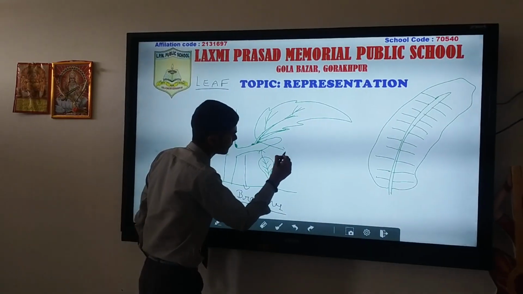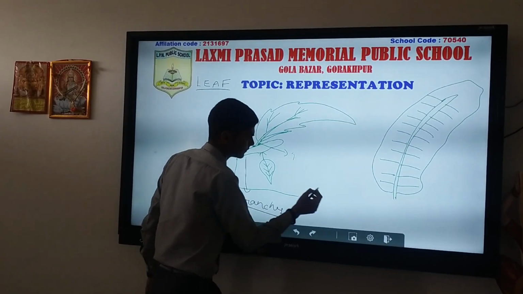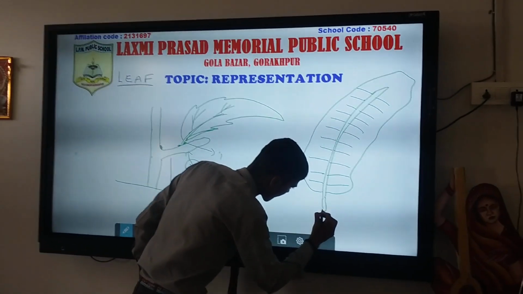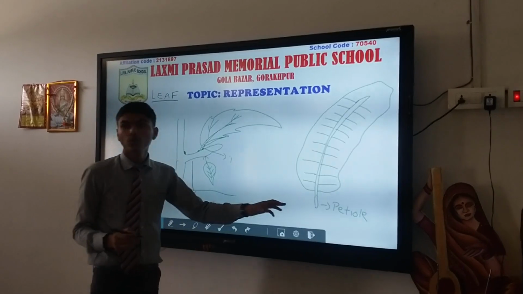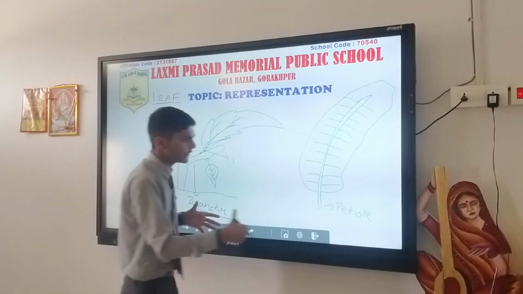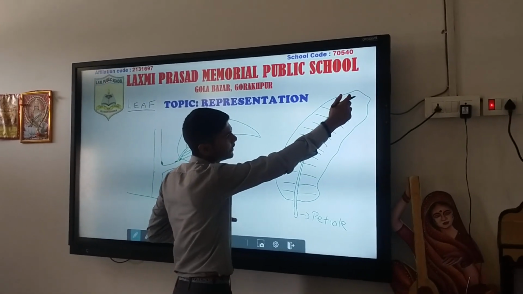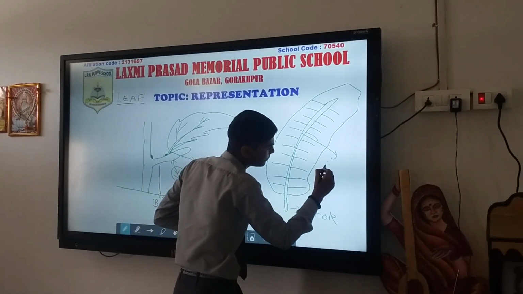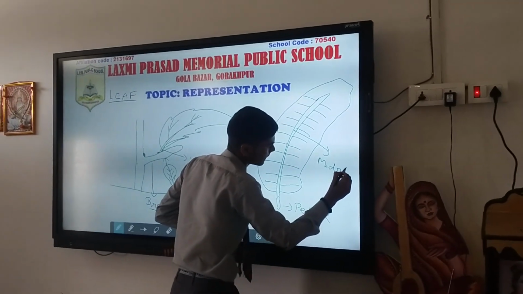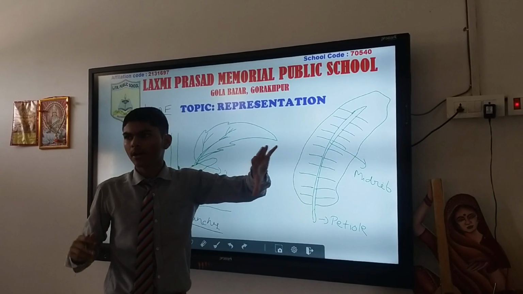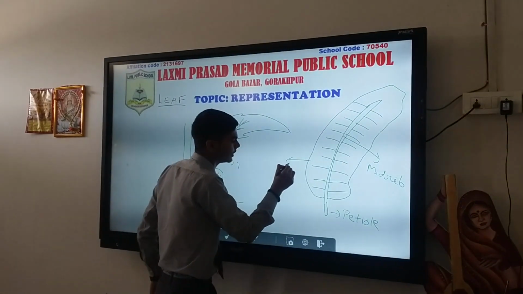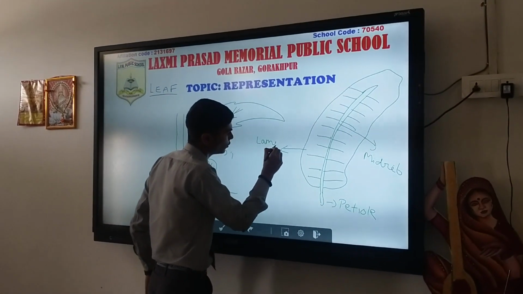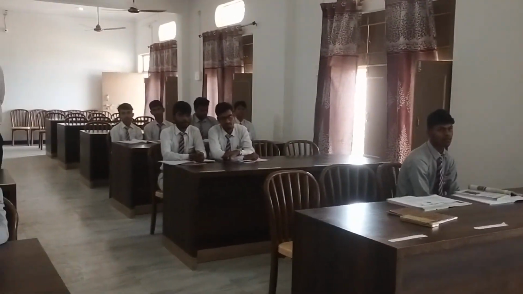This is the petiole, from where the leaves originate, and then from here to the tip of the leaf there runs a part that is known as midrib, and there are networks of veins on the surface of the leaf, and the surface is known as lamina.